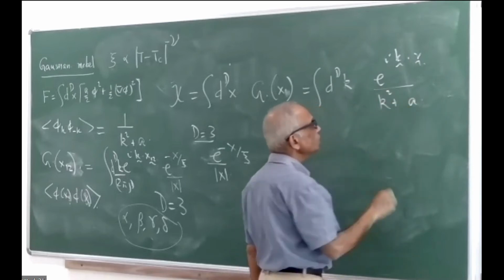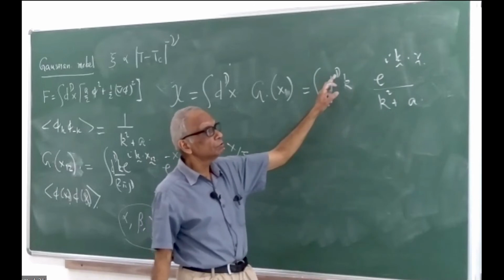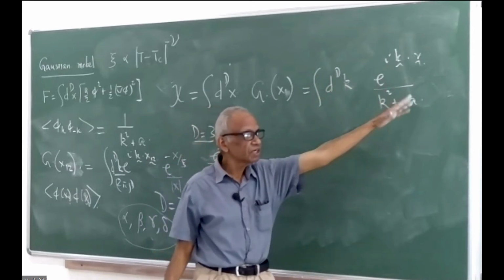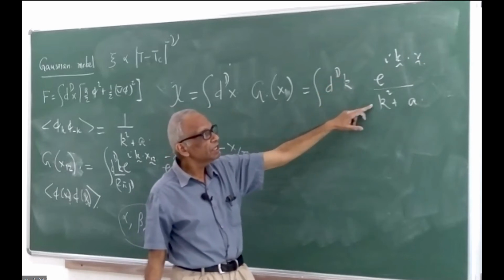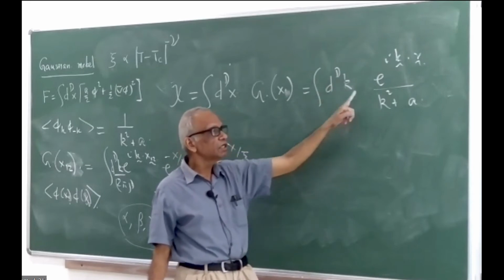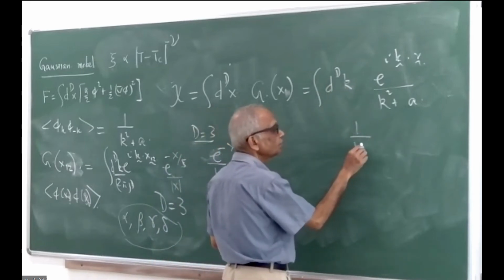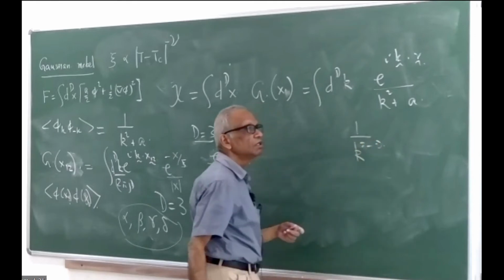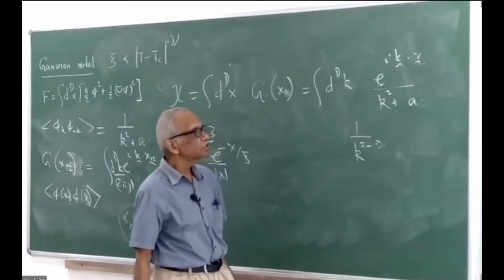So k square plus a, if I just power count, forget the a, power count in k. The power count tells me that this integral has to look like 1 over k to the power 2 minus d, so it's like a to the power 2 minus d.